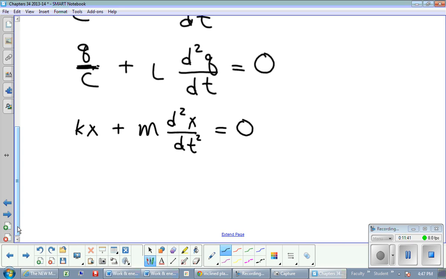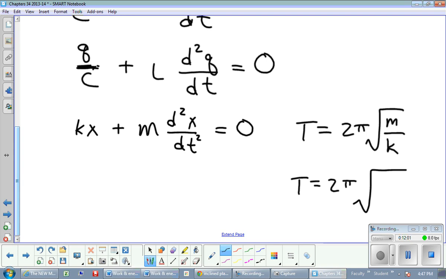On the AP reference sheet, they have equations like the period of a simple harmonic oscillator. And what is that? It's 2 pi radical m over k. Well, there's a period in electrical oscillators too. You just replace everywhere where you would have used an m, the coefficient of the derivative term, you use an L. And over k, well, k was the coefficient of the x term.